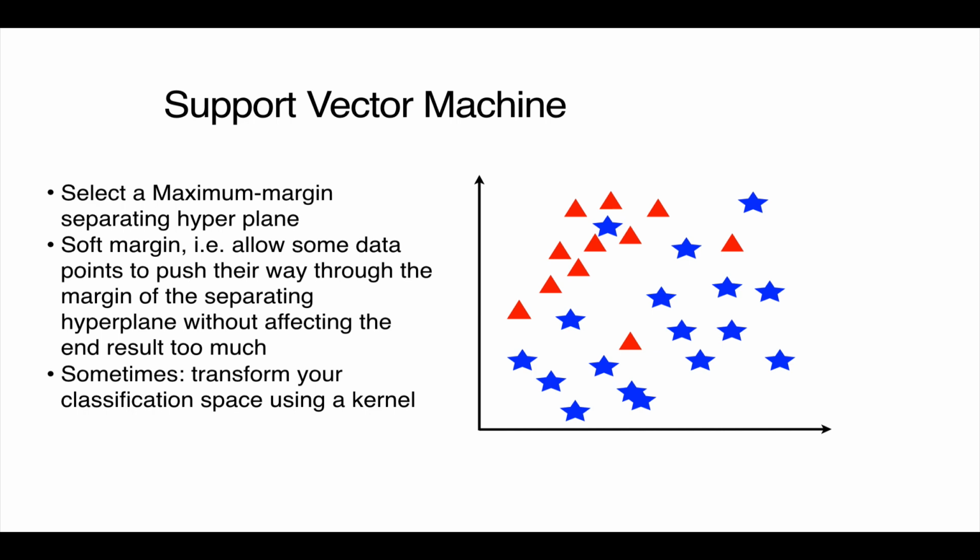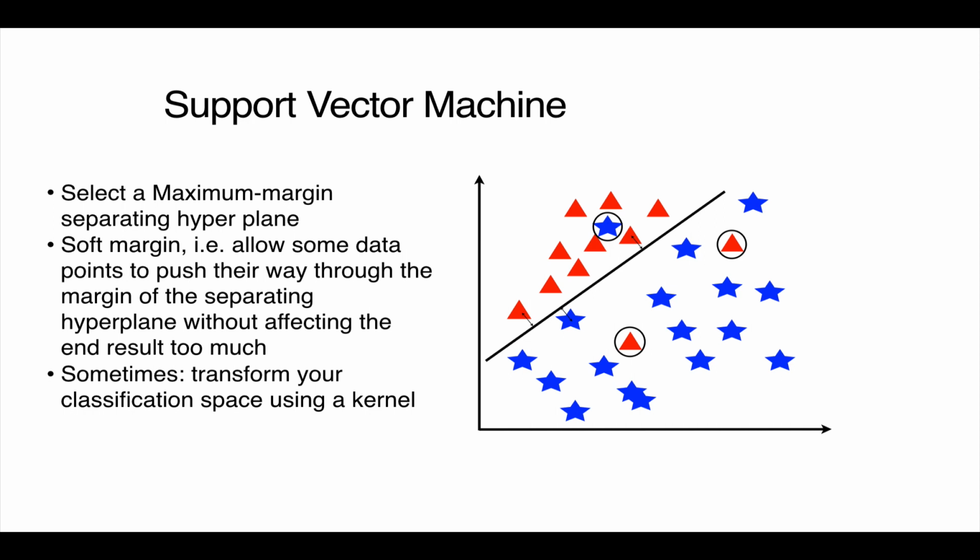A support vector machine can be designed to select the maximum separating hyperplane, but it also does so by allowing some examples to push their way through the decision boundary, so that we can penalize those examples rather than designing the whole hyperplane based on them.